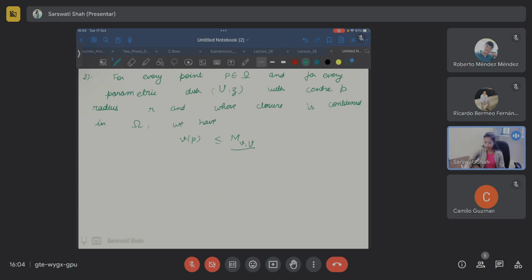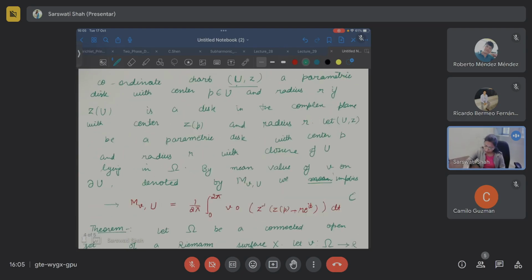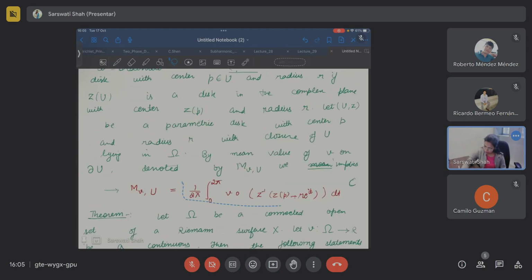We have already defined the value of M(v, U). This is the mean value.